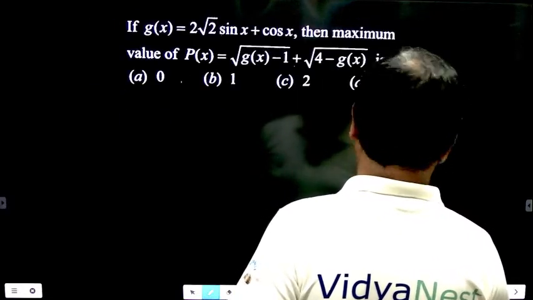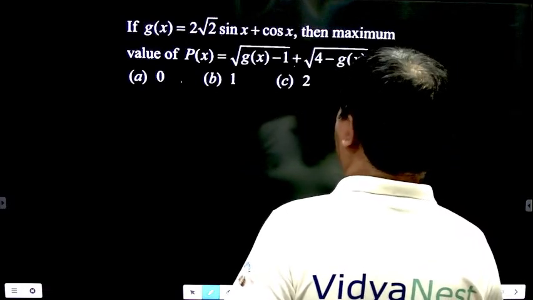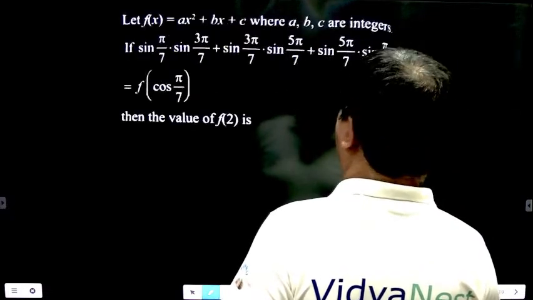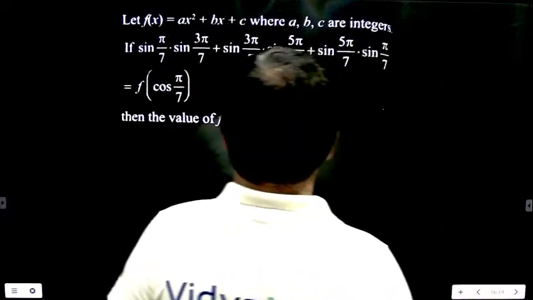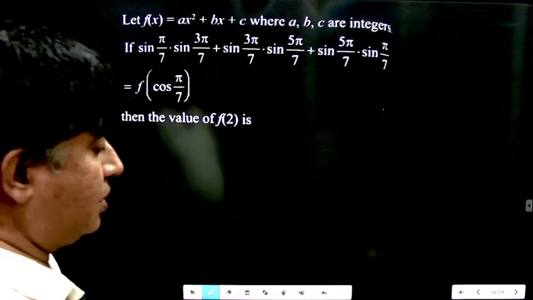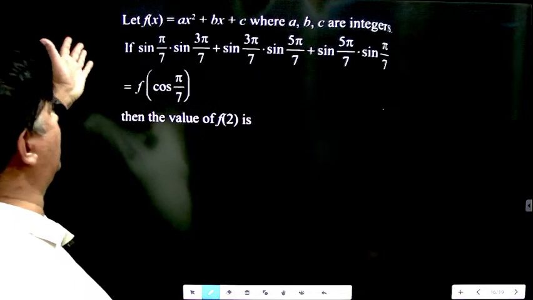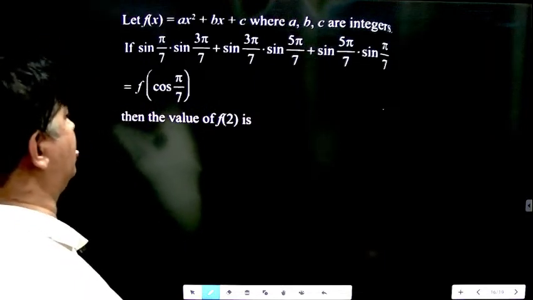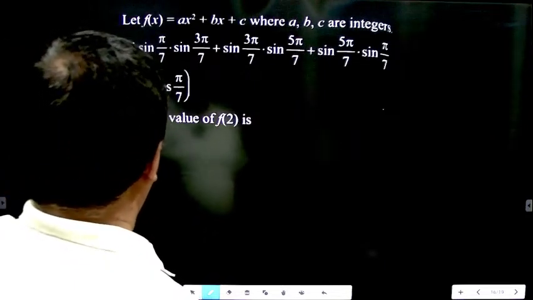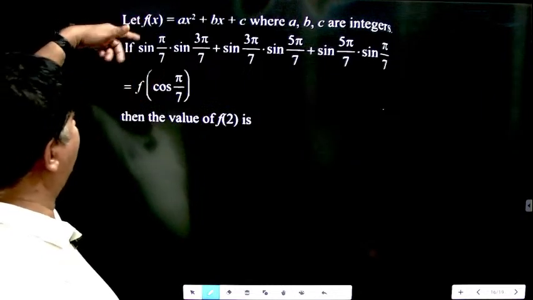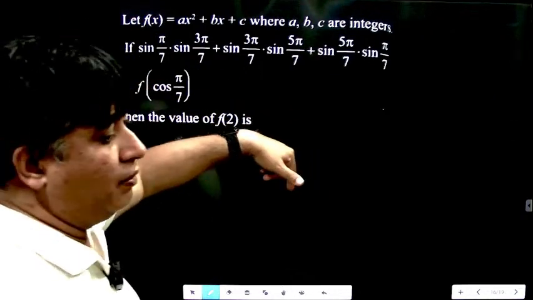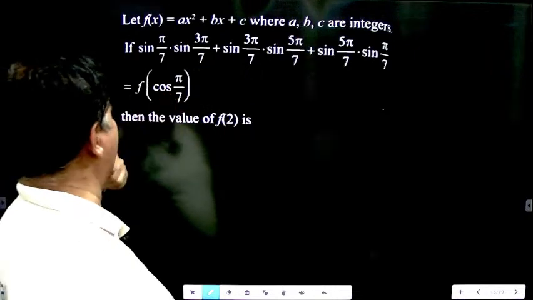Just wait. We'll conclude the class with a sum of this type. A wonderful sum this is. See, it is given as a quadratic, but there is a trigonometrical value given with a functional expression.